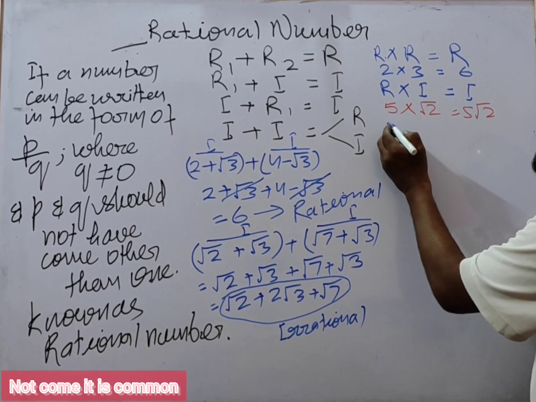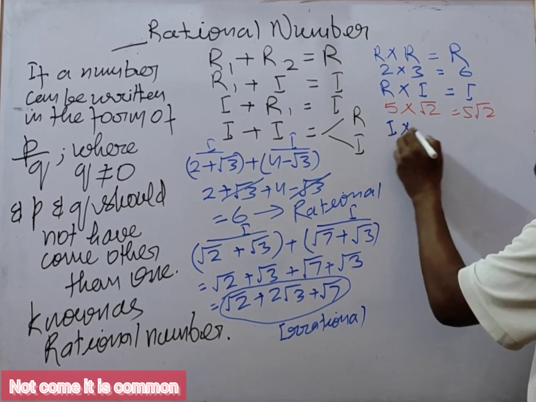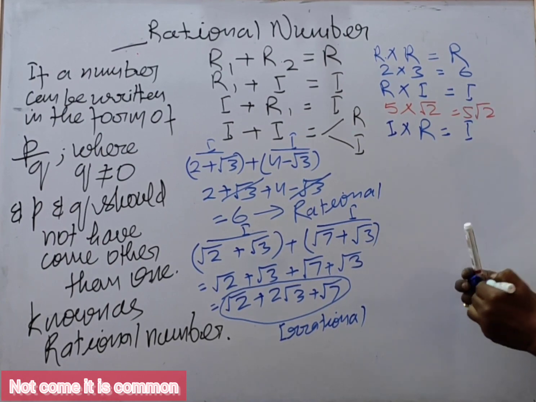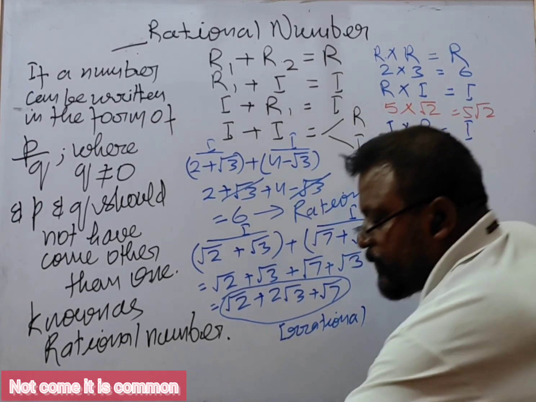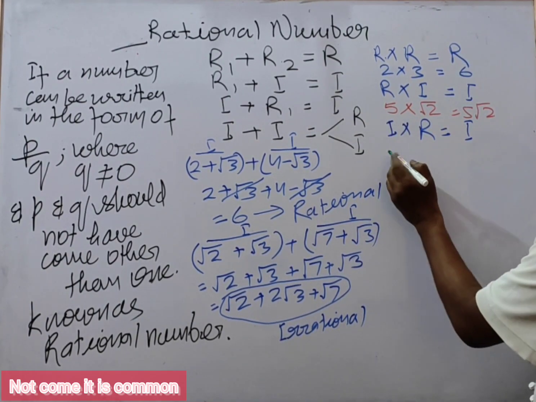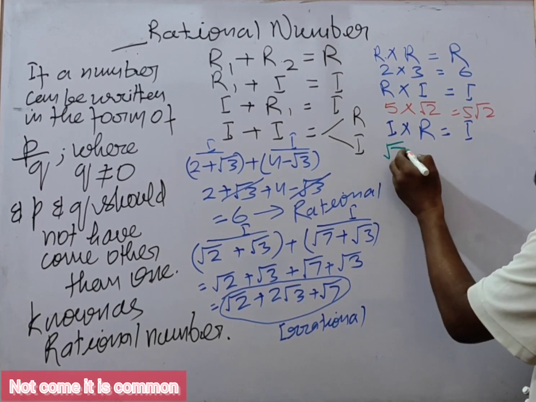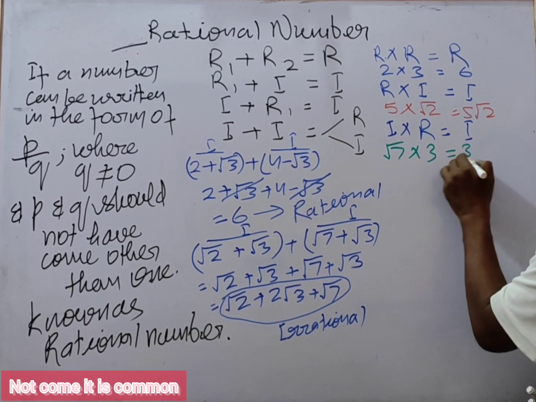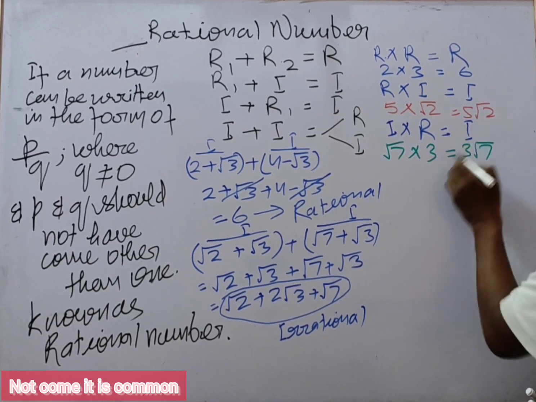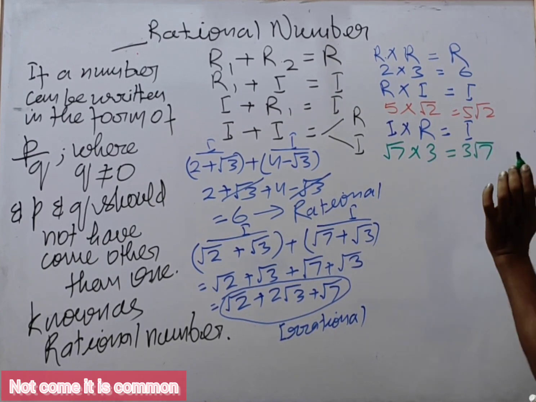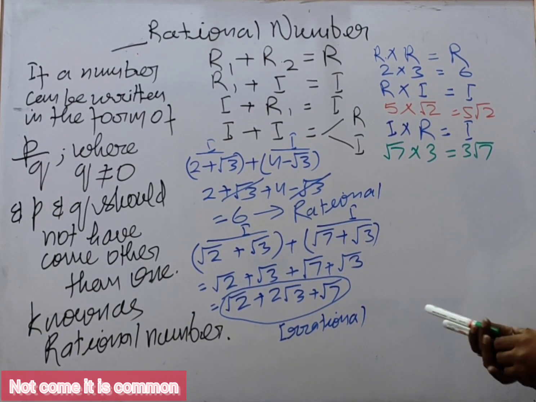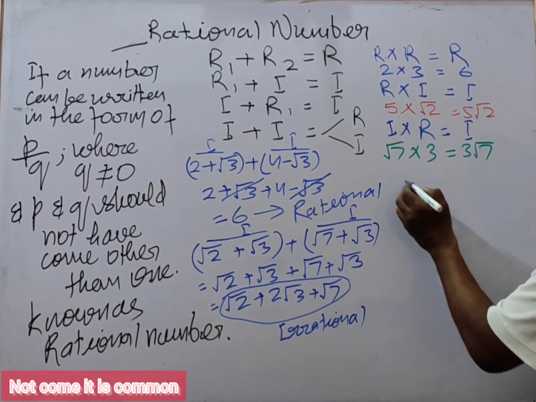Now, if you do irrational number into rational number, again you get an irrational number, right? If you take root 7 into 3, then you get 3 root 7. So this is also an irrational number. I hope you are convinced with me.